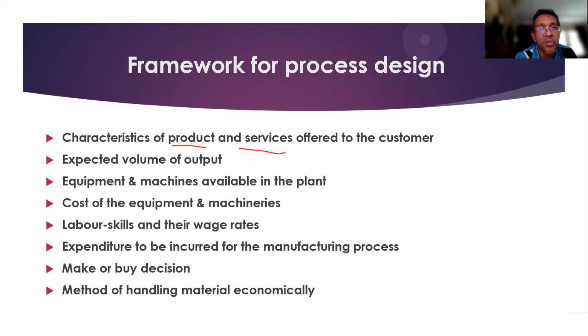Services can also be considered as a process you need to design. What is an example of the services? For example, we have insurance, or banking system. That is also considered as a service product to the customer.